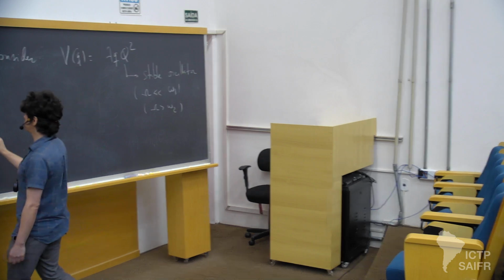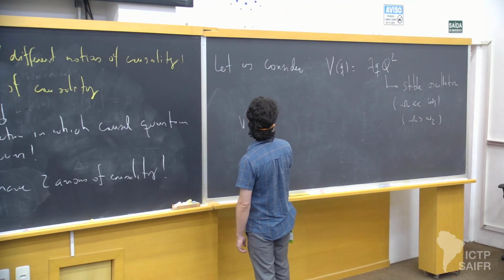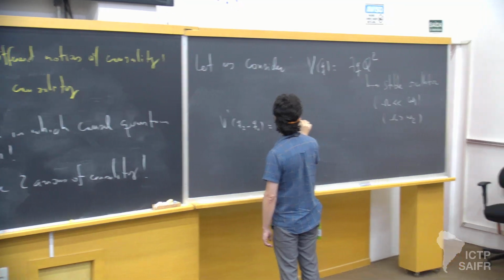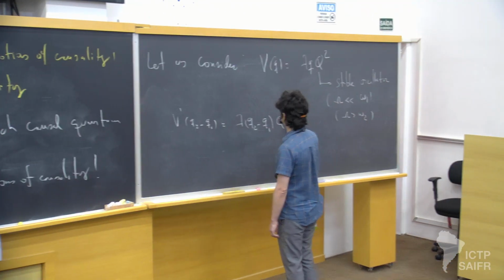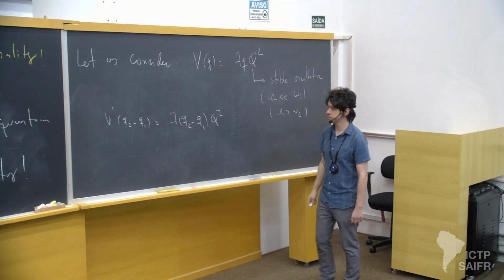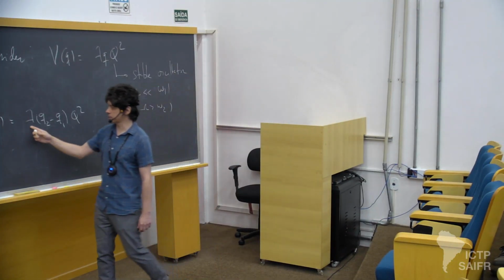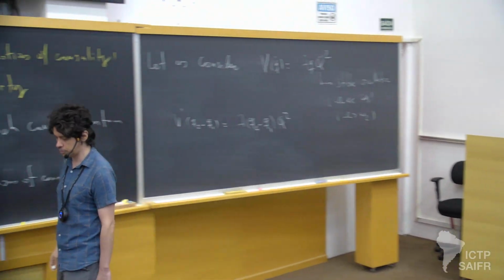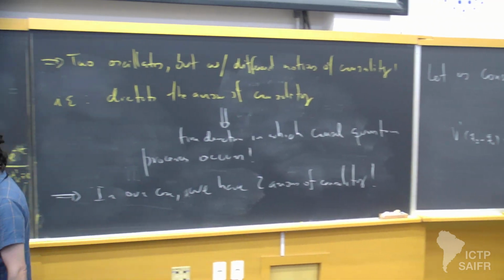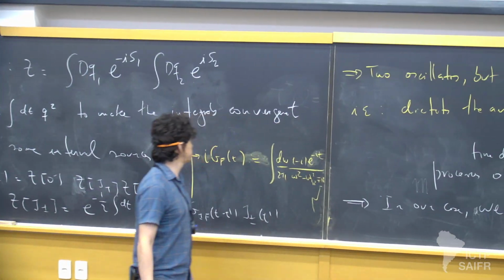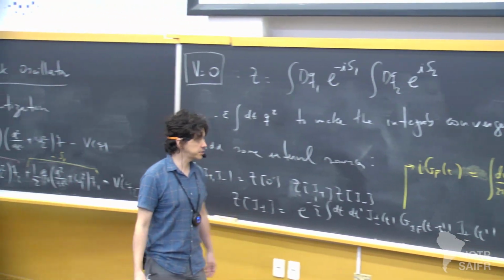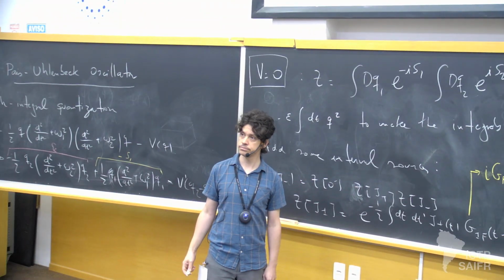So in terms of the new variables, you can just write it in this way: Q2 minus Q1, Q squared. So lambda is a coupling constant. Suppose that you are doing perturbation theory, right? That means that you will conceive corrections to your propagator.